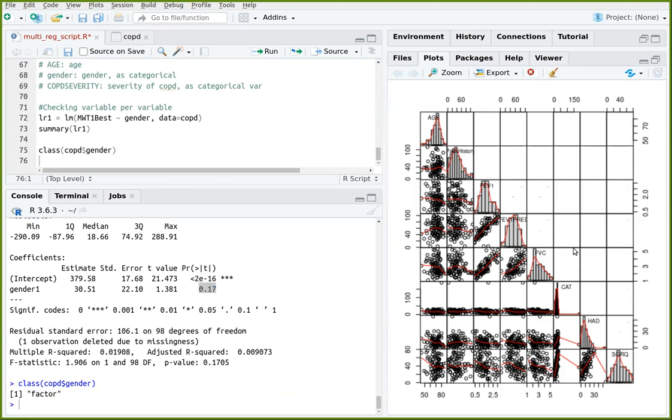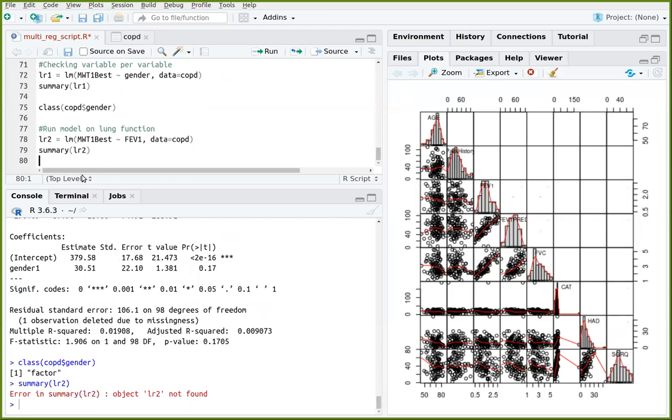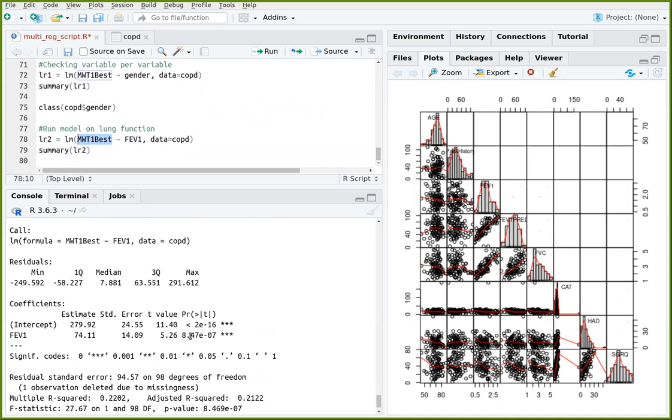But you can check little by little, because sometimes you don't want to add all the variables at once when you don't know. I just wanted to show you how we can do these one predictor models. For example, let's look into the impact of lung function on the walking distance variable. We created the model there, and this is a very low p-value.